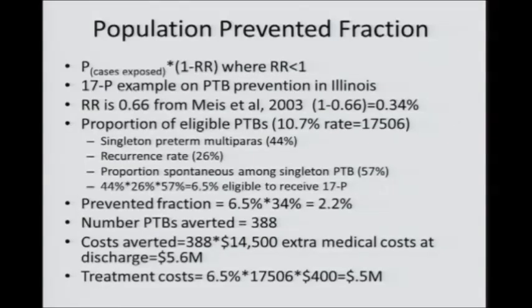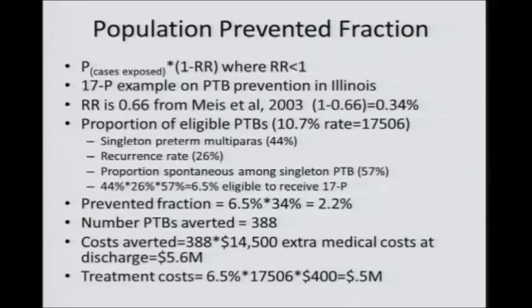So another related concept is the population prevented fraction. When you are looking at an intervention, for example, where your relative risk is less than 1, you can multiply that by the proportion of cases exposed and arrive at the proportion that you could prevent through this intervention.